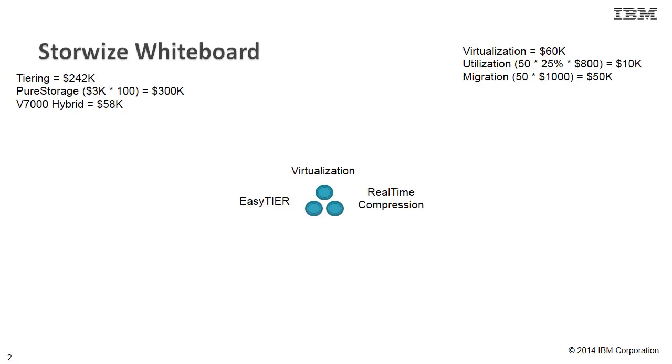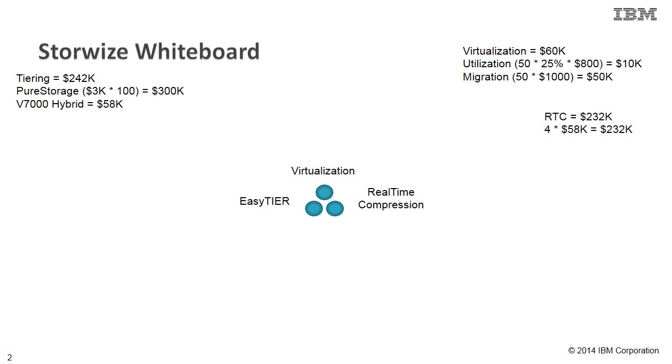So real-time compression actually delivers a lot of value and covers probably 98% of data center applications. The difference is that we can compress the data with no performance degradation, and in some cases the performance actually gets better. So what does that mean? That means you can buy less and do more.